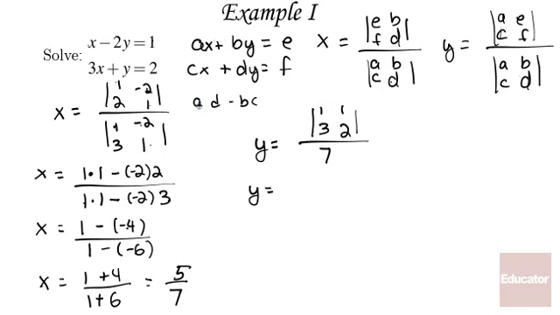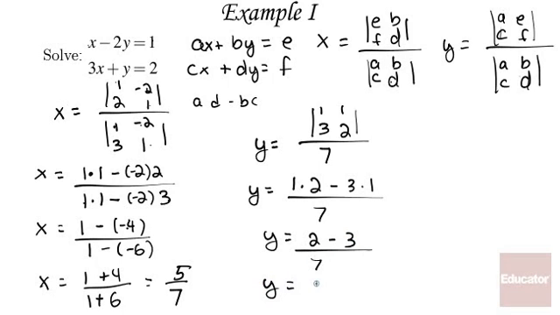Again, using my formula AD minus BC to find this determinant, that's going to give me 1 times 2 minus 3 times 1. Okay, all over 7. So y equals 2 minus 3 over 7. So y equals -1/7.